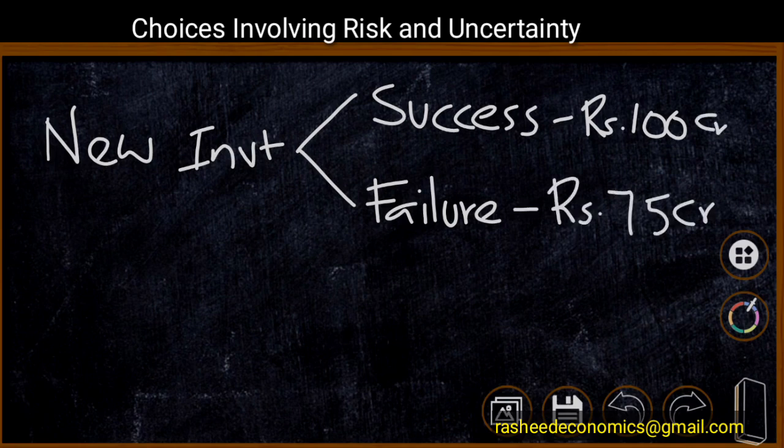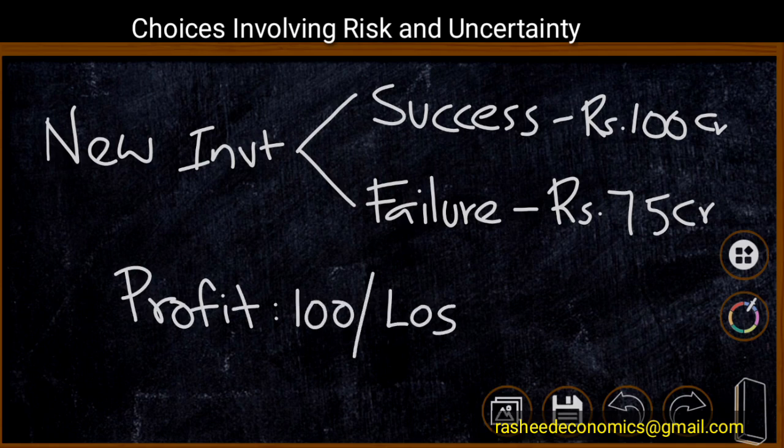But if they fail in their investment activity and can't succeed, then they will have to suffer a loss of rupees 75 crores. That is, the two possible outcomes are a profit of 100 crores or a loss of 75 crores.